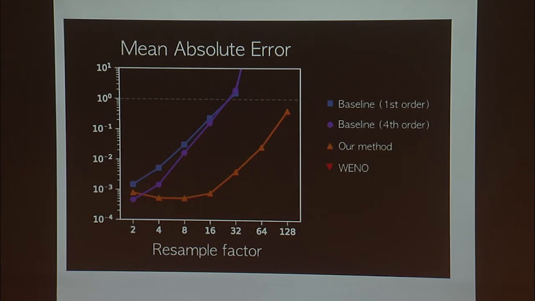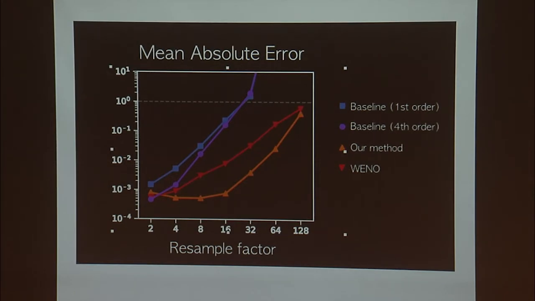As the mesh spacing gets large, that's no longer true because the mesh points are so far apart that there's all this stuff happening in between, so you can't fit the solution by fourth order polynomials anymore. The neural network still doesn't care, and it's still basically keeping the error low until you get up to a resample factor of 128, which is only having a couple grid points in the entire box, at which point you really don't have enough degrees of freedom to resolve anymore.